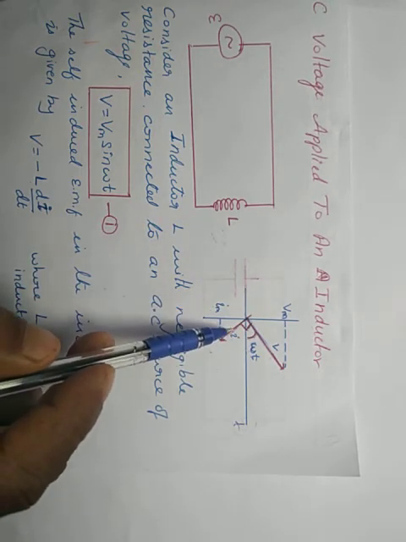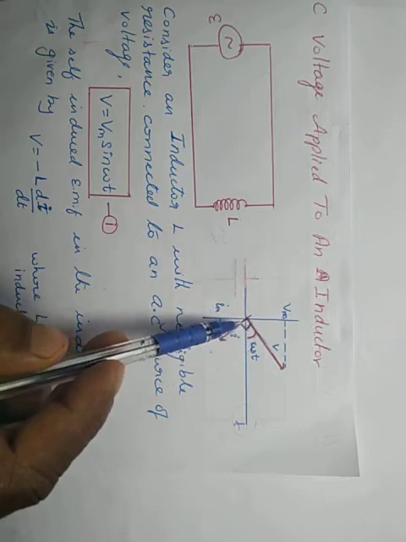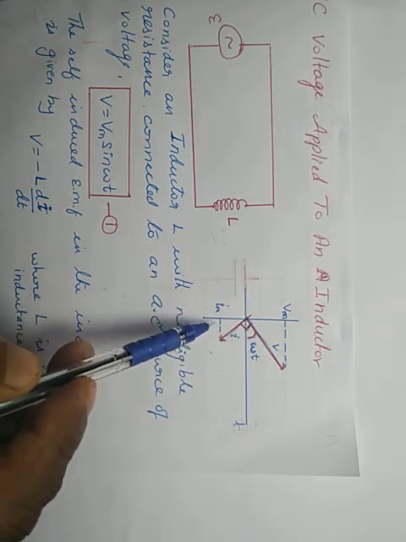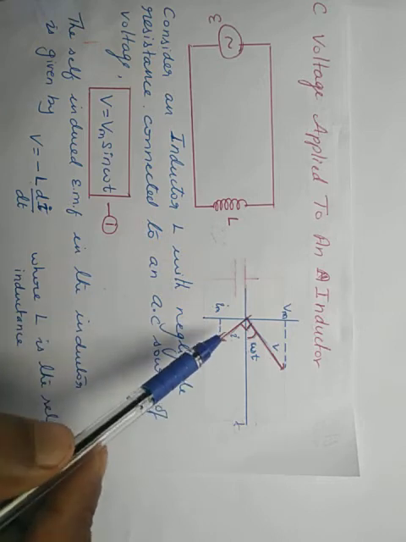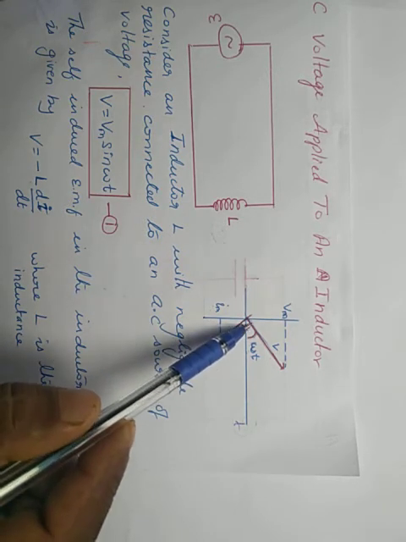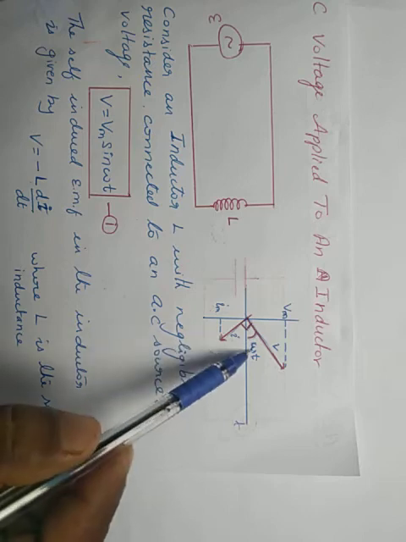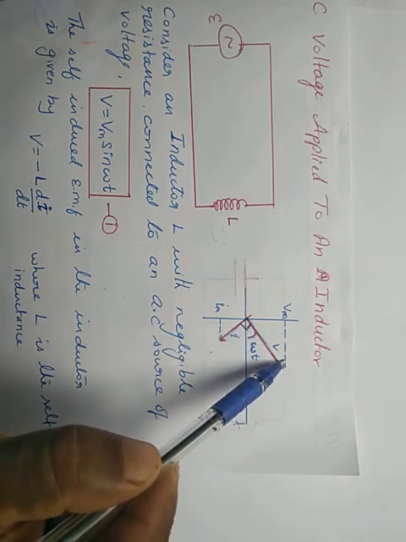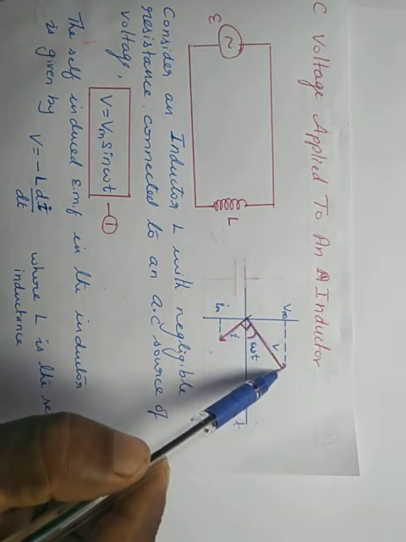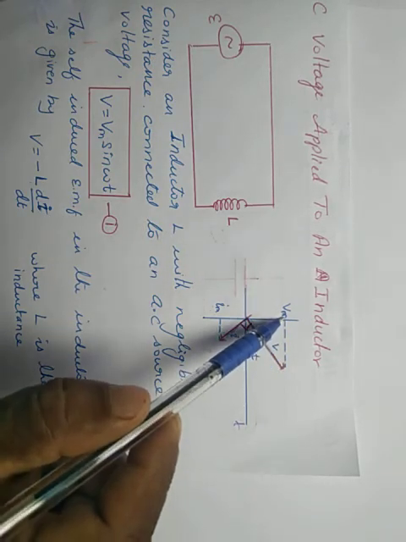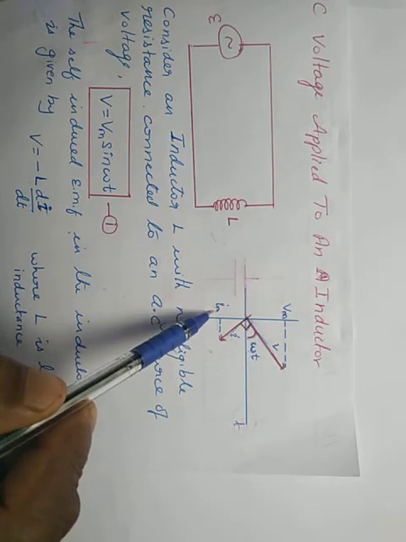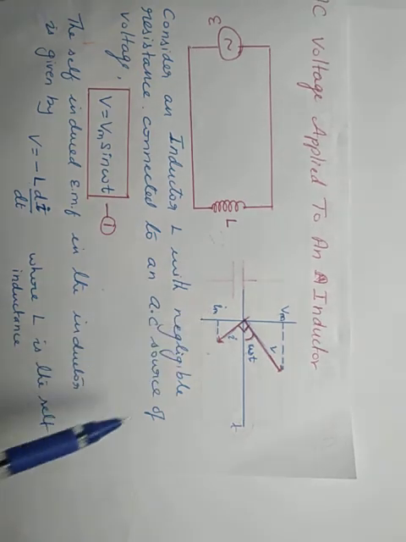The angle between I and V must be 90 degrees. So, therefore, you will get pi by 2, omega t minus pi by 2. Then join the maximum value of the voltage, that is Vm, the amplitude of the voltage. Then join the maximum value of the current, that is Im, the amplitude of the current.